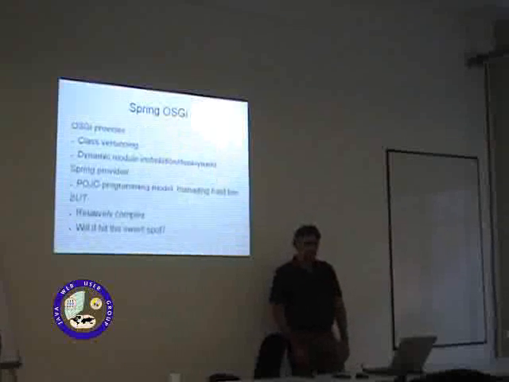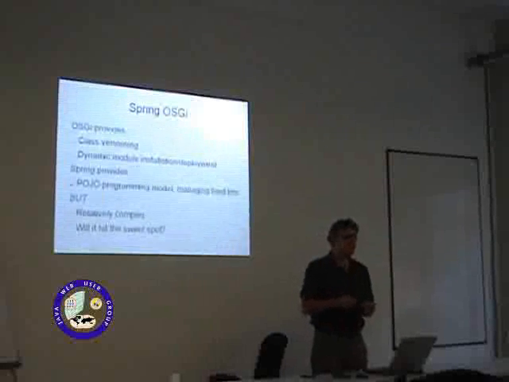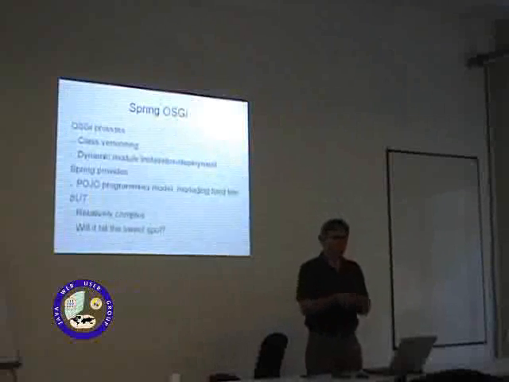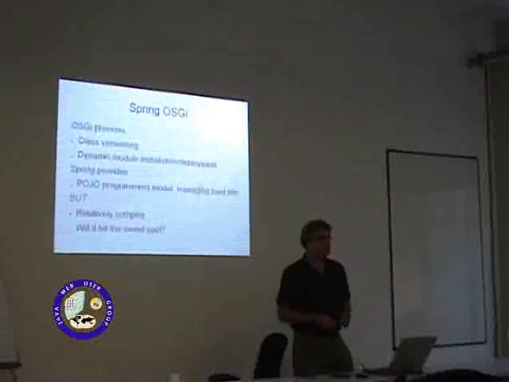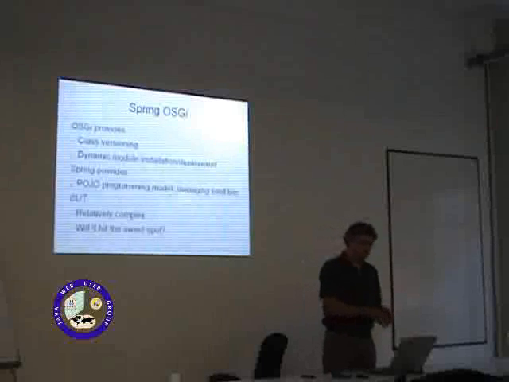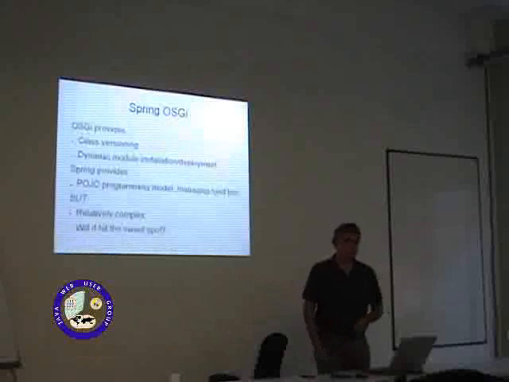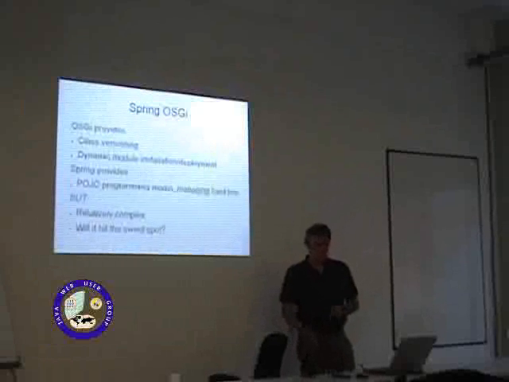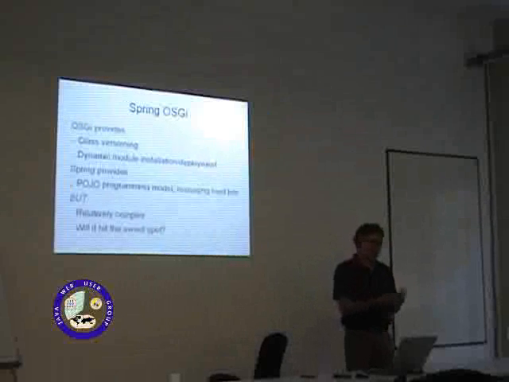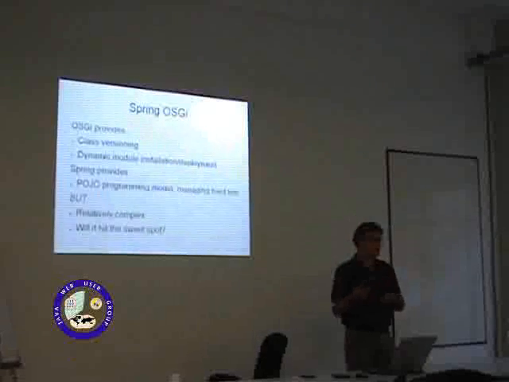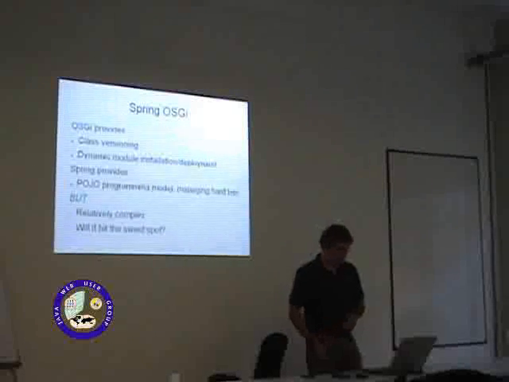What you maybe don't know about Eclipse is that it uses OSGI under the covers. So the actual Eclipse plugin implementation, if you like, is using OSGI as an underlying framework. And it has some real advantages, which Spring OSGI will be, I think, to a large extent, instrumental in porting to Java. So, in a nutshell, OSGI provides class versioning, which basically allows you to run multiple versions of the same class simultaneously in the same JVM.